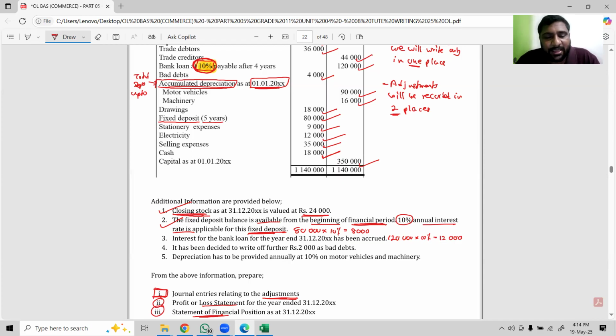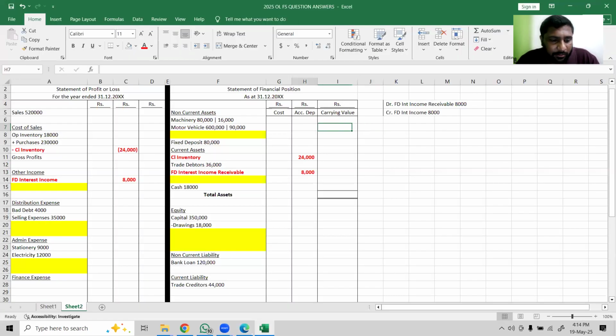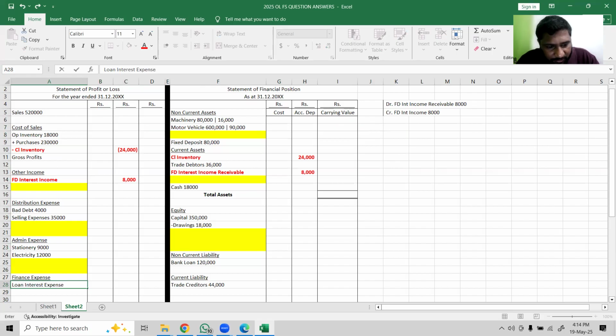Bank loan interest expense 12,000, a finance expense. Loan interest expense 12,000.